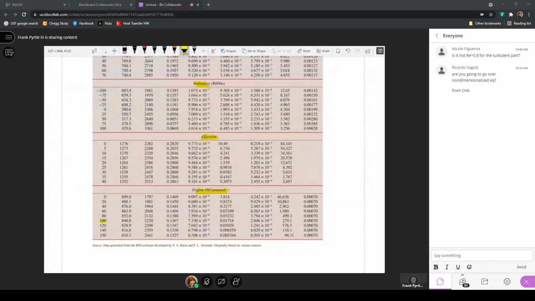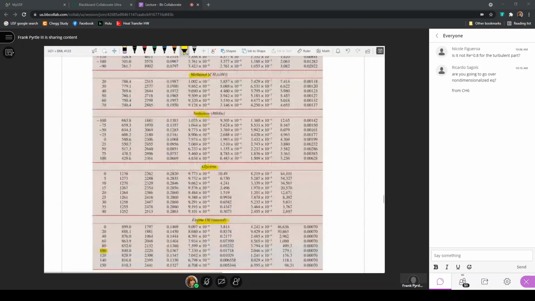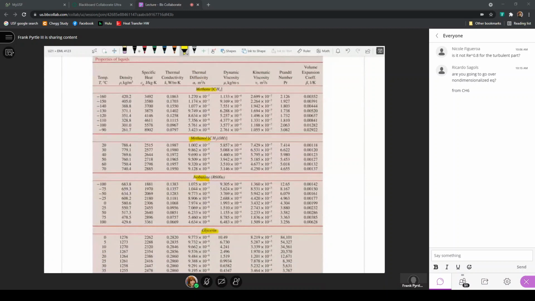And at 100 degrees C, we have all these properties. So if I go back to the header, we have the density, specific heat, thermal conductivity, thermal diffusivity, dynamic viscosity, kinematic viscosity, the Prandtl number, and the expansion coefficient.